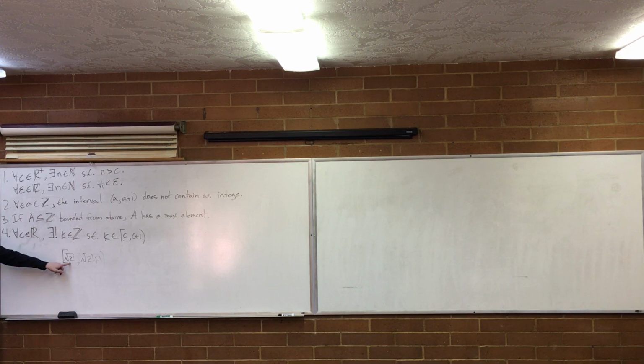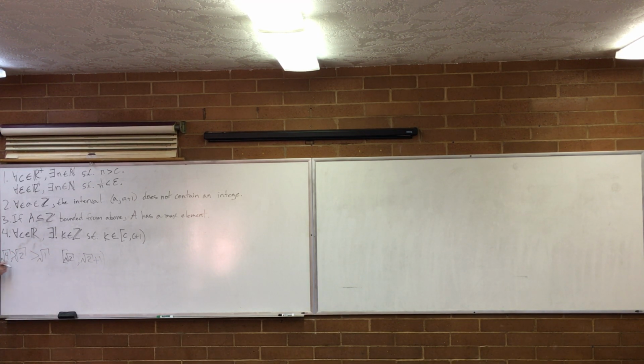Is square root of 2 bigger or smaller than 1? Bigger than 1. Let's think about it this way. Is the square root of 2 greater than the square root of 1? Yes. So square root of 2 is greater than the square root of 1, which is 1. And it's less than square root of 4, which is 2.